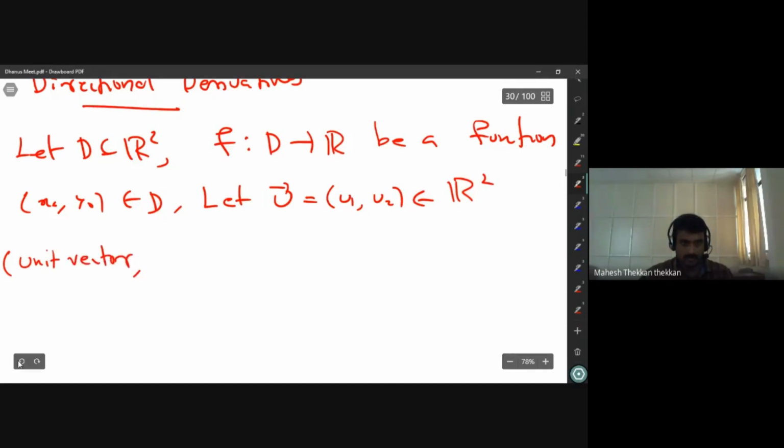What is a unit vector? u1 square plus u2 square has to be 1.